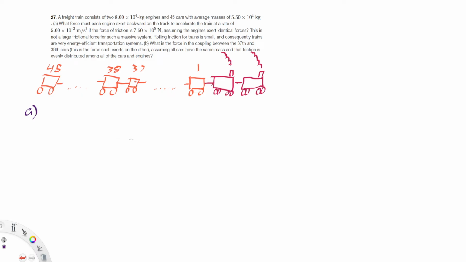If this box represents the entire train, then we're pulled forward by the two engines.